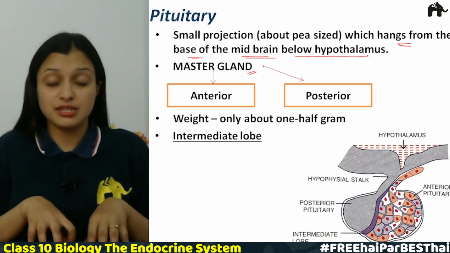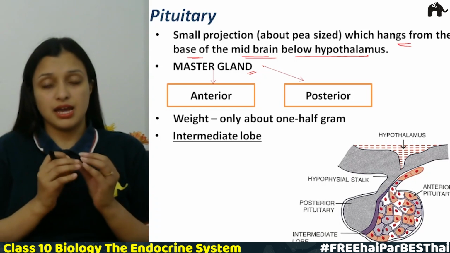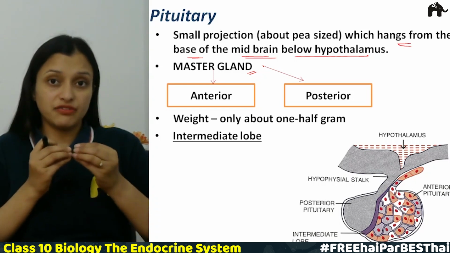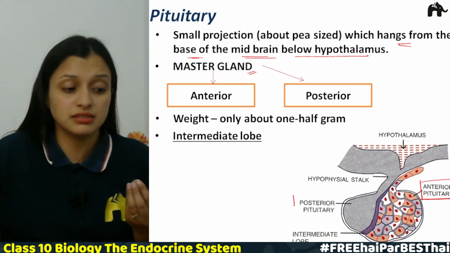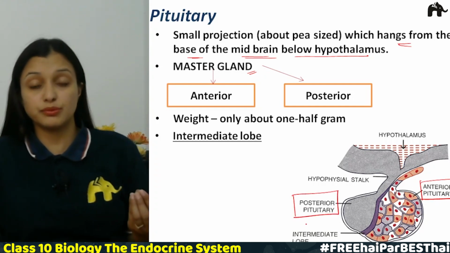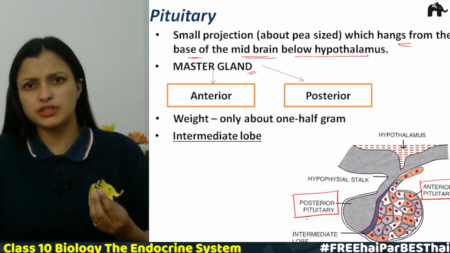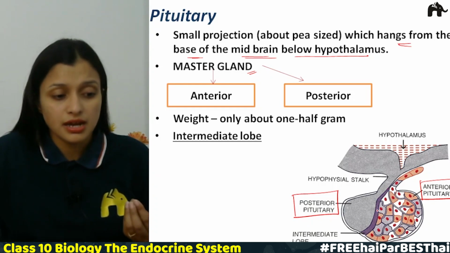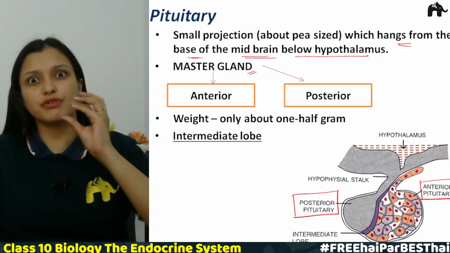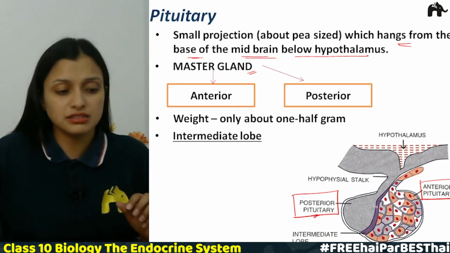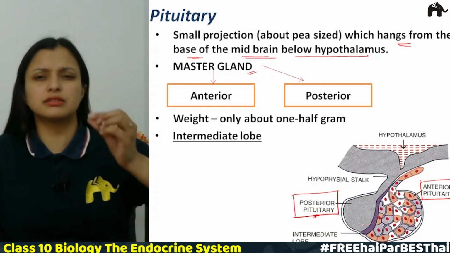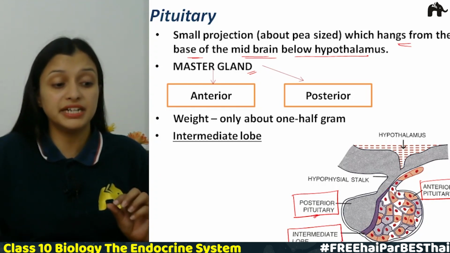Now this is a pea-sized gland, but it is divided into two parts. The first is the anterior pituitary lobe and the second is the posterior pituitary lobe, and in some cases the front end of the posterior pituitary has a different structure which is called the intermediate lobe.